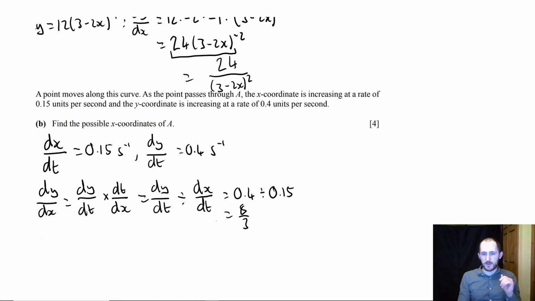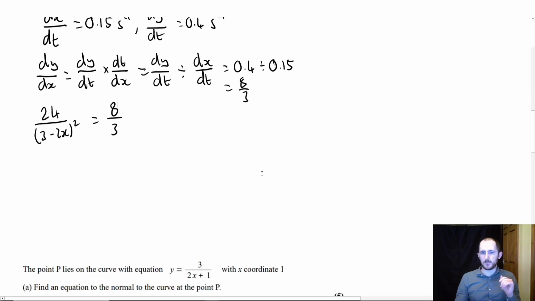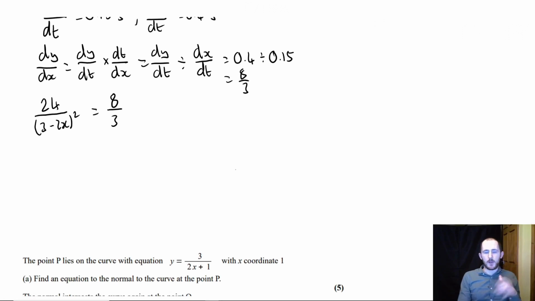So what we have here is 24 over (3 minus 2x) squared is equal to 8 over 3. Let's scroll down a bit, give us some room. I'm going to once again do cross multiplication, so times both sides by (3 minus 2x) squared.